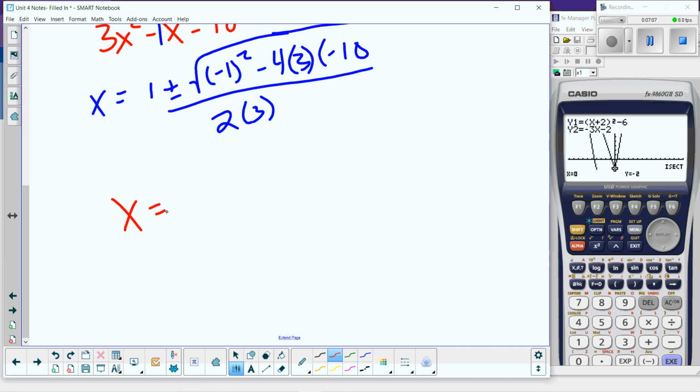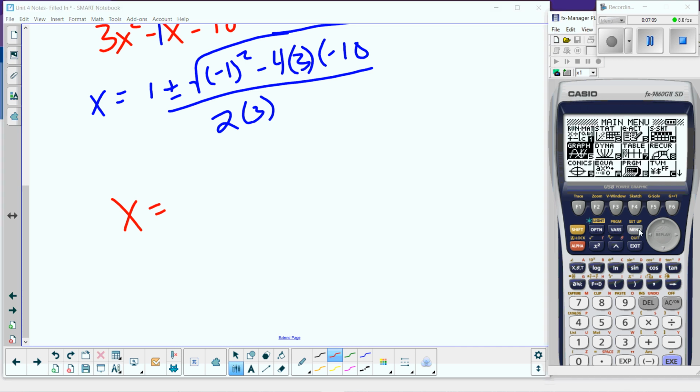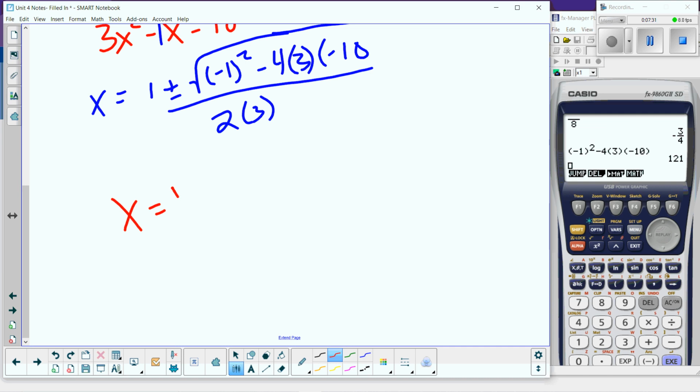x equals negative 1 squared minus 4 times 3 times negative 10. So we get 1 plus or minus the square root of 121 over 6.